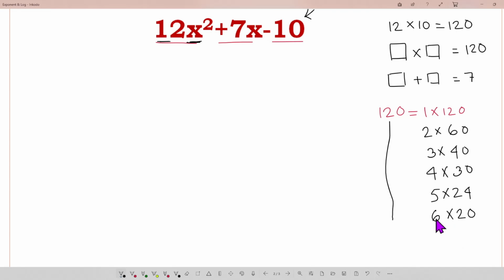Then 6, 7 is not possible, 8 is possible. 8 times 15. 8 times 15 is 120. But look, this number is special. Why? Because 15 minus 8 is 7.